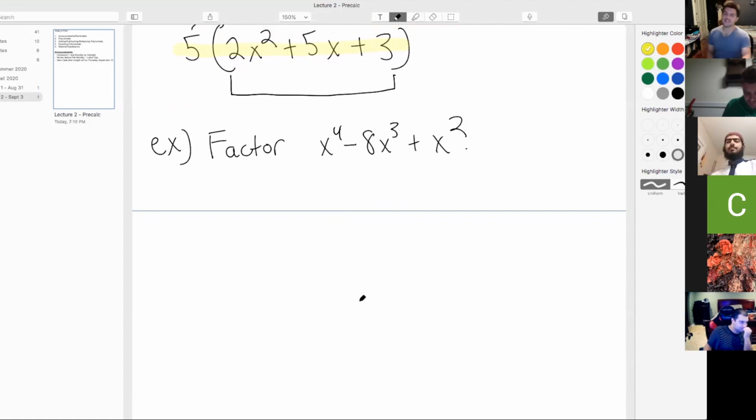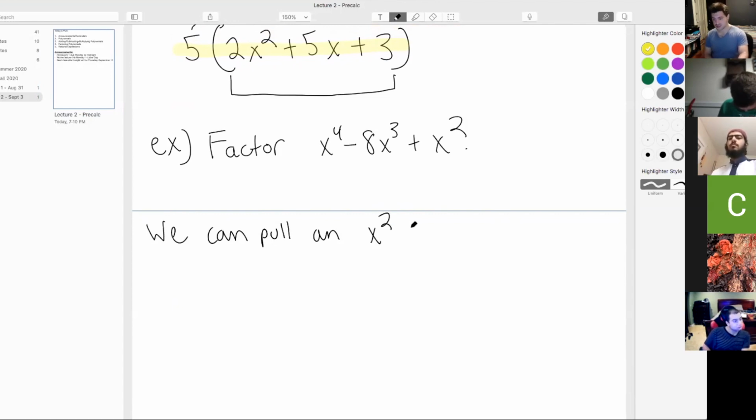What's the GCF of all of the terms of the polynomial? Well, that's not too bad. We can pull an x squared from each term. That's the GCF. The GCF of all the terms of this polynomial is x squared. I hope you guys see that.